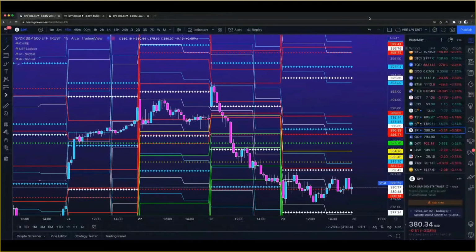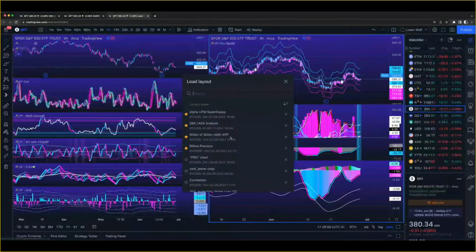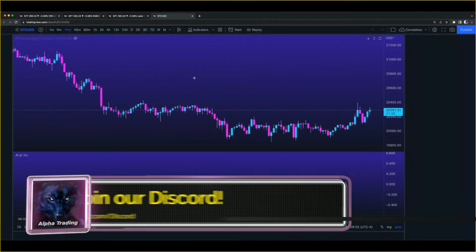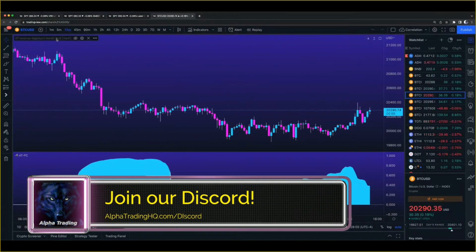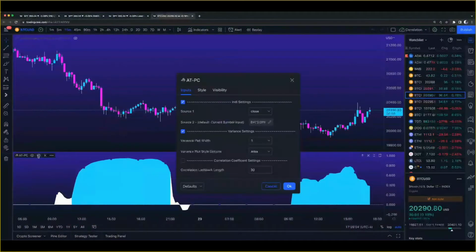Let's see something. Let's see how this correlation's looking. I know they're going to be highly correlated. Where are you? Make sure. Let's see. SPY. No.